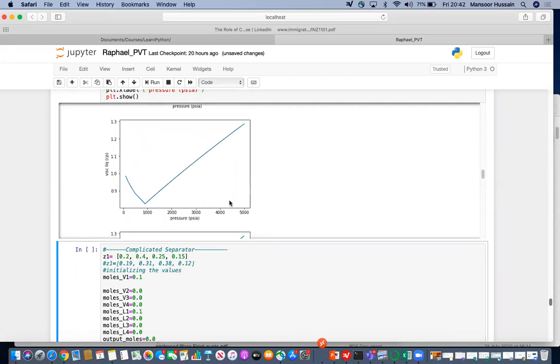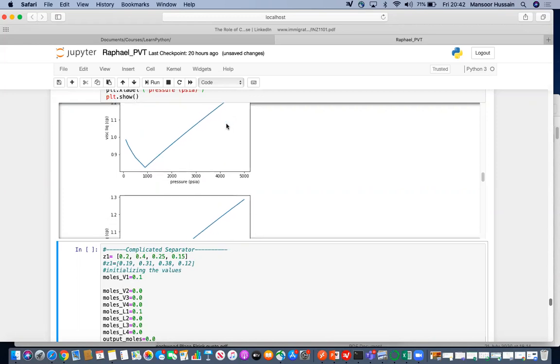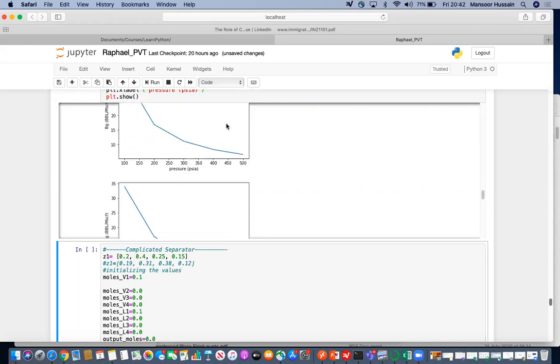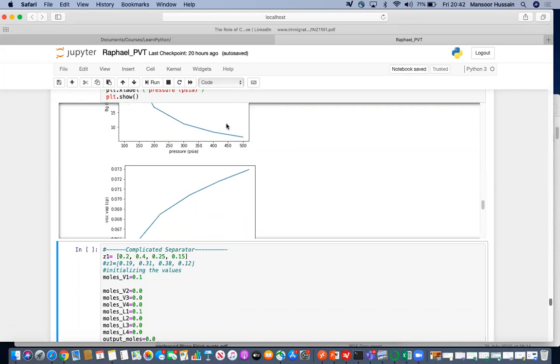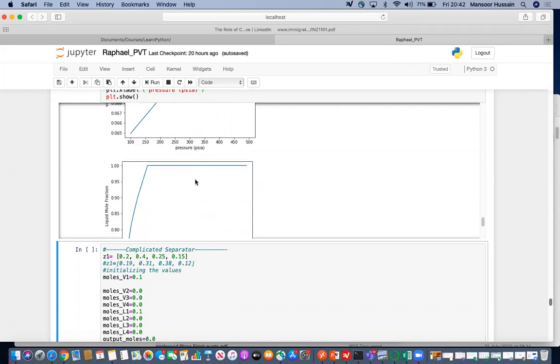But don't worry about that. When you execute it, it's going to be okay. Viscosity, PG, and vapor viscosity, and then the liquid mole fraction. So once again, this works.